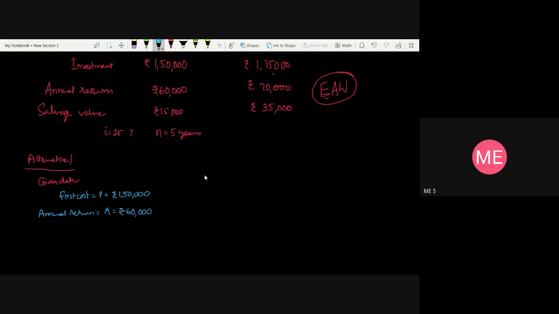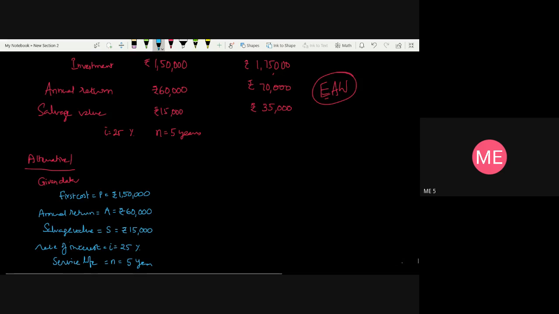It is a revenue. Then the salvage value, given as S, is rupees 15,000. And I is the rate of interest, I is equal to 25%. Service life is given as N, which is equal to 5 years.